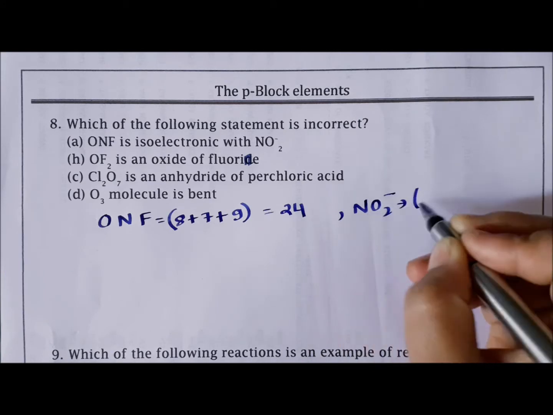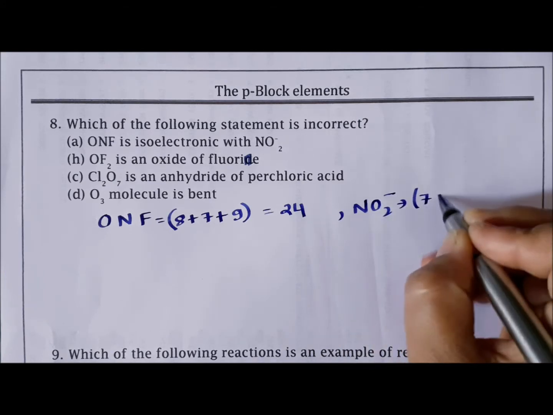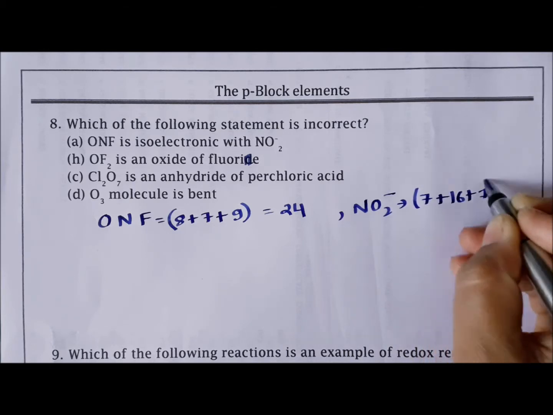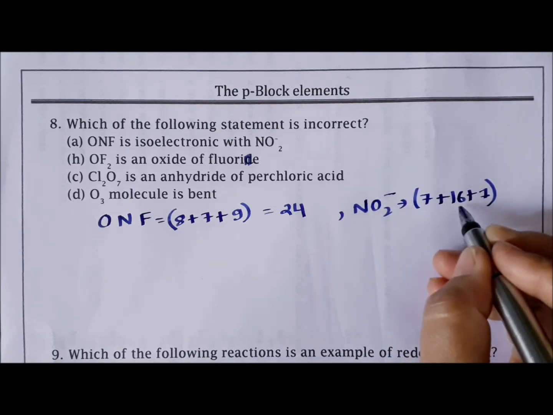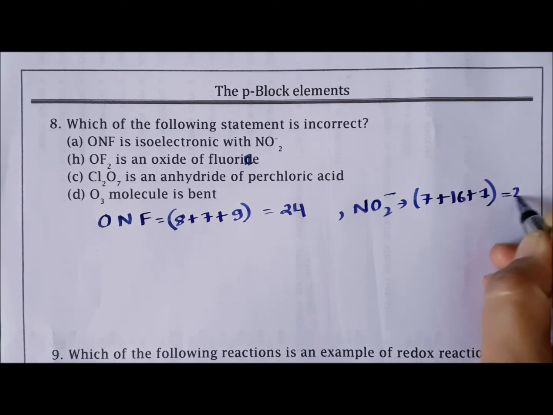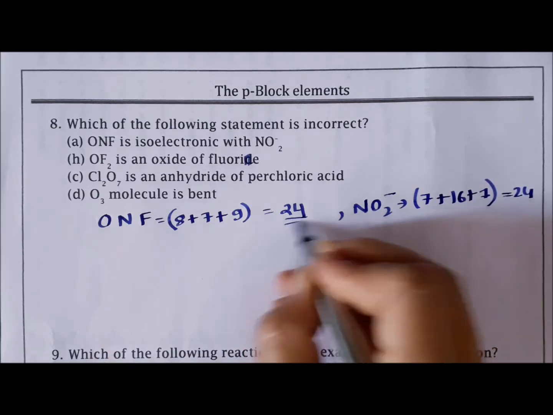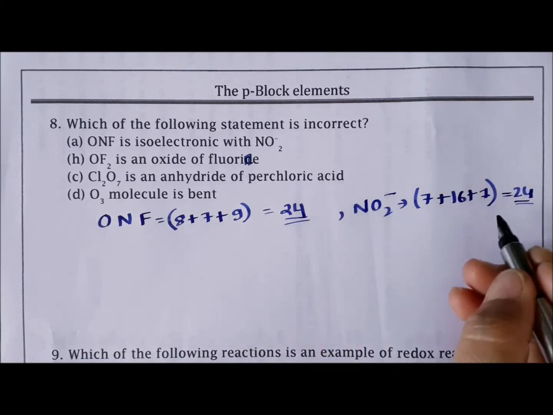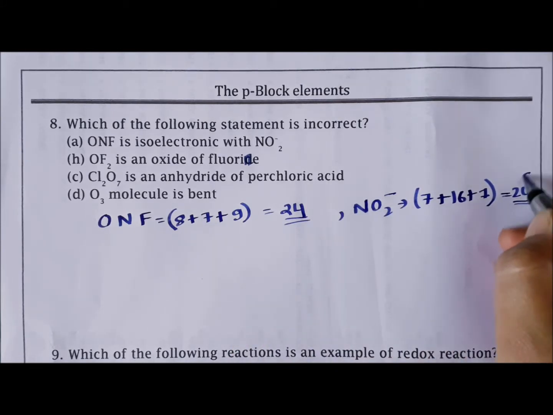The atomic number of nitrogen is 7, plus two oxygens, so 16, plus 1. So again 8 plus 16, 24. So the two contain the same number of electrons. So these two are isoelectronic. So A is a correct statement.